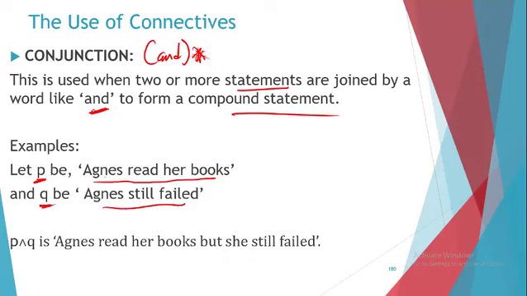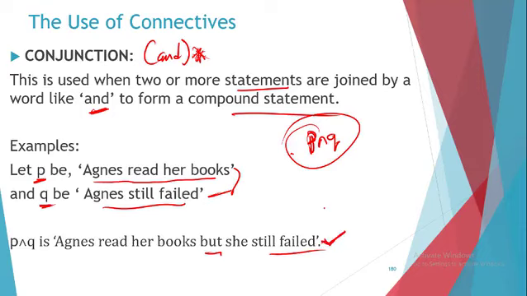Now if we combine these two simple statements, we then have P intersection Q. It means that the two statements will come together to form a compound statement, and the compound statement it will form is Agnes read her books, but she still failed.